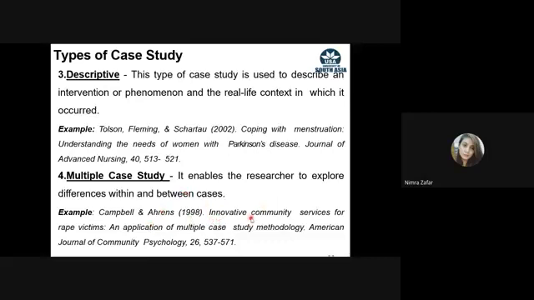Example is innovative community services for rape victims, an application of multiple case study methodology. So we have different kinds of rape victims. We will do multiple case studies, and then we will explore the difference between those case studies, and that type of case study will be multiple case study.